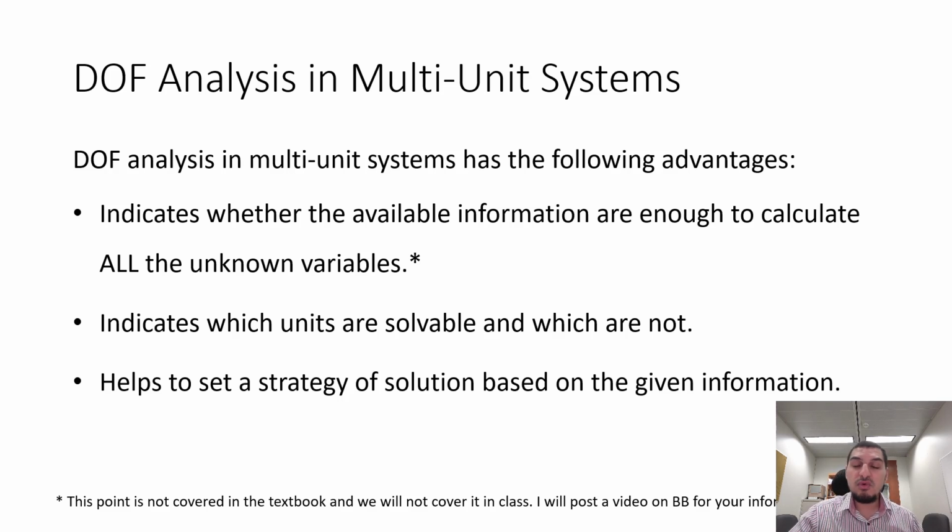Which means that before you even start solving anything, you can know which is the first unit that you're going to start with, and then which would be the second, which would be the third, and which would be the fourth, until you finish the whole process, which is a very, very interesting thing. So you can have a very clear plan from the very beginning without even solving anything.